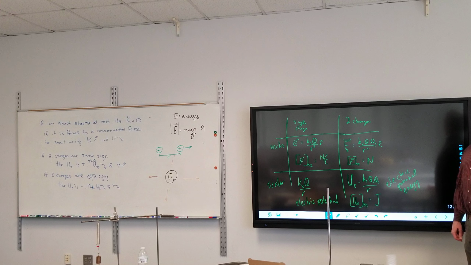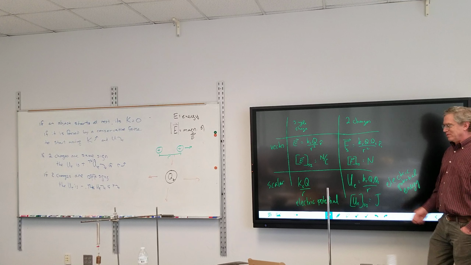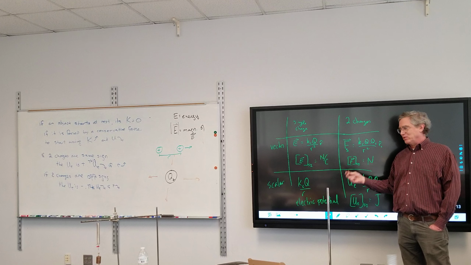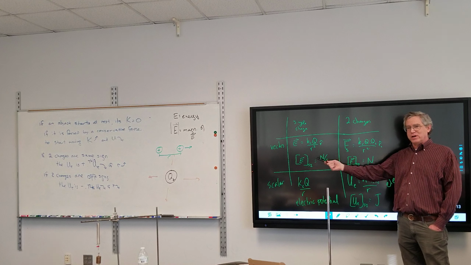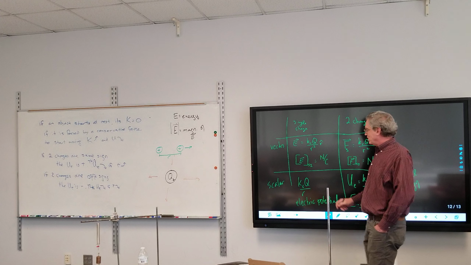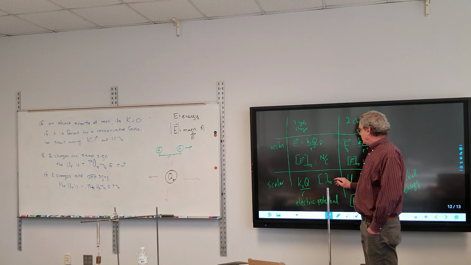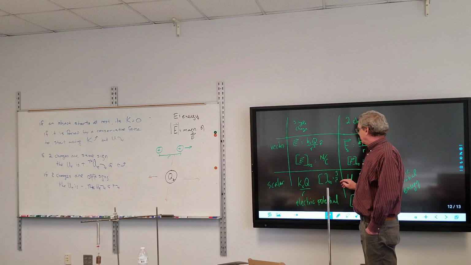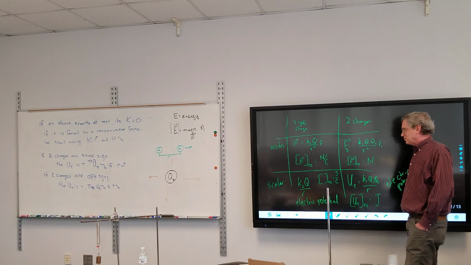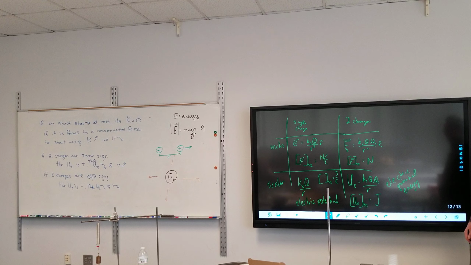The relationship is similar to what we have up here. This was newtons, and then we got rid of a charge, over coulombs. So the SI units here would be a joule per coulomb. It's supposed to be a capital C.